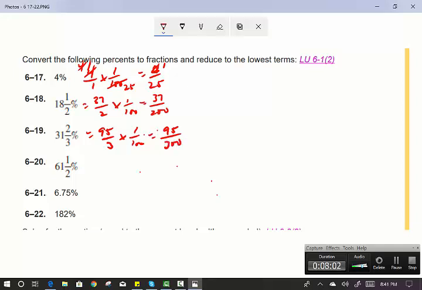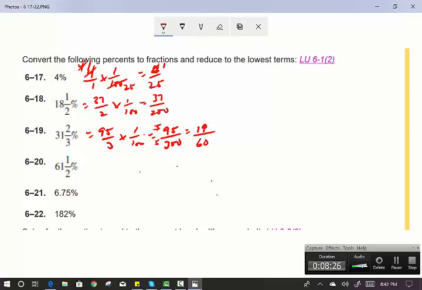And I did not see that I could cancel that, but apparently I can because it ends with 5 and 0. So 5 will go into the numerator 19 times, and 5 will go into the denominator 60 times. Okay?